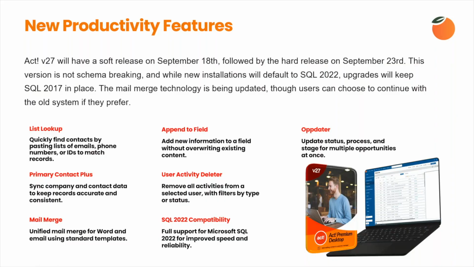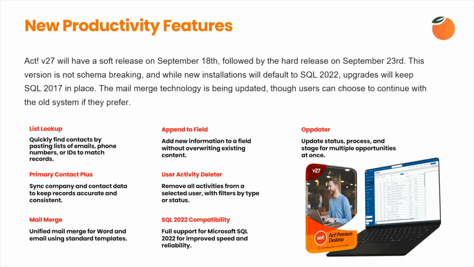So if you're installing over top of, let's say, 25 or 26, it's going to respect the fact that you've got 2019 in place and leave that in place, as opposed to what 26 did with SQL 2014. It literally required you to uninstall it. So the default installation, if you don't have any ACT or SQL, will be installed as 2022, but otherwise upgrades will leave 2019 in place.